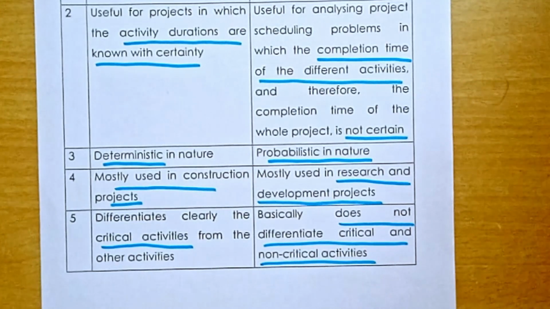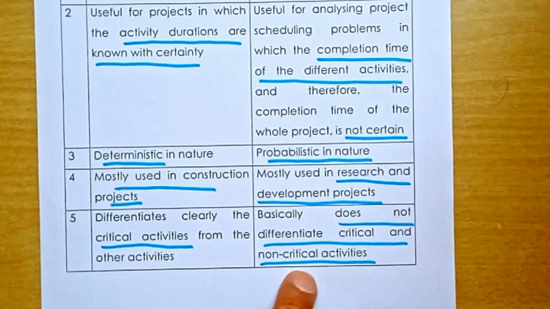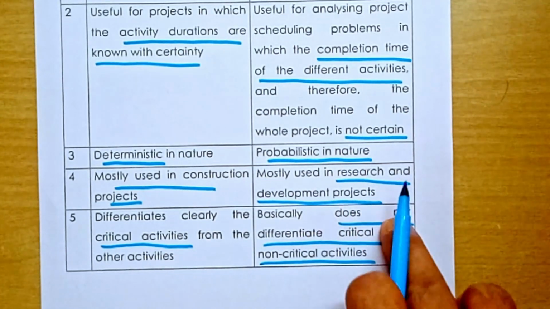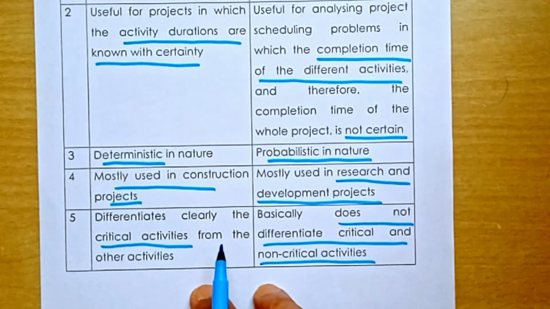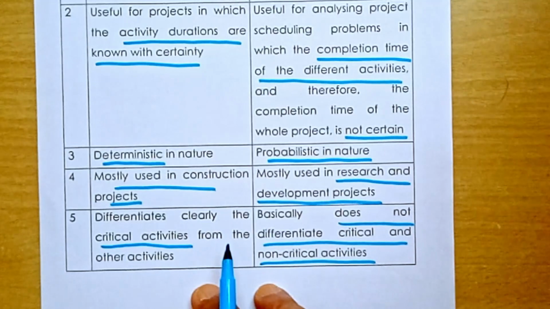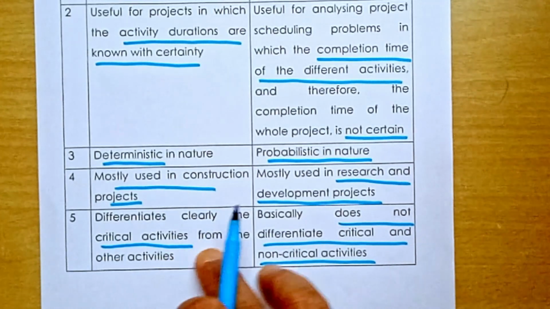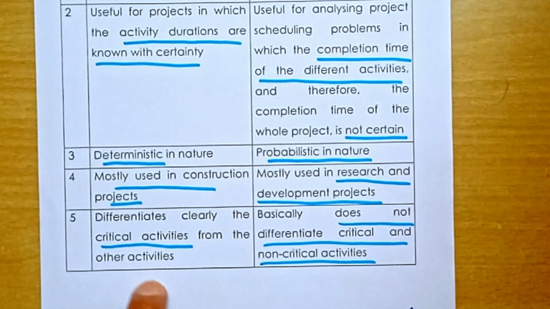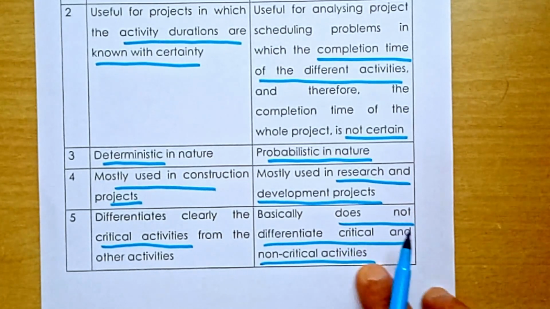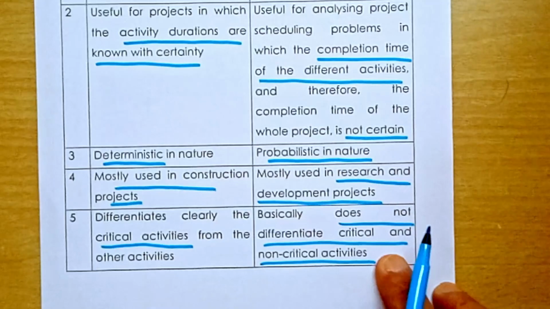That is the reason why you cannot differentiate between critical and non-critical activities in case of the PERT technique. In case of the critical path method, the name itself suggests you have critical activities and you know exactly which are non-critical activities. You can easily identify the critical and non-critical activities in case of CPM, but in case of PERT, you cannot.